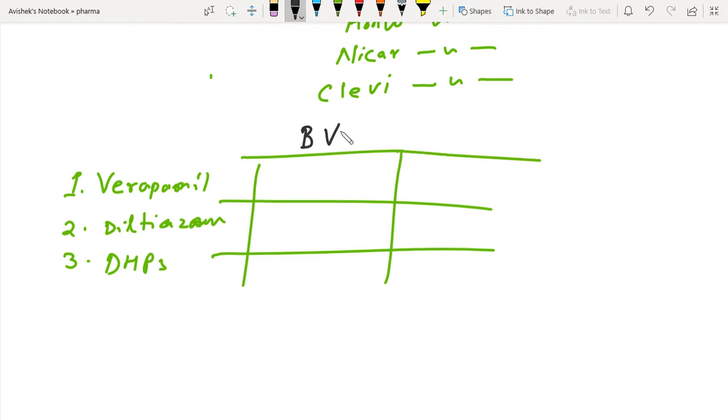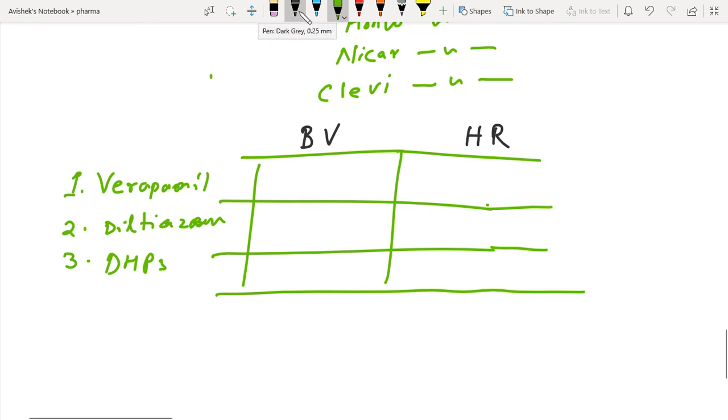In blood vessels and in heart rate. In blood vessels, all three will do vasodilation and decrease diastolic blood pressure.